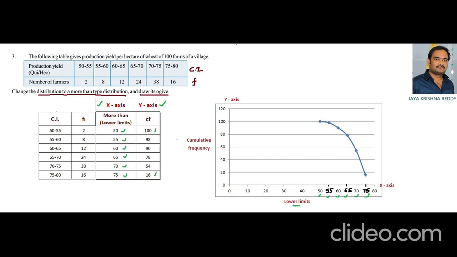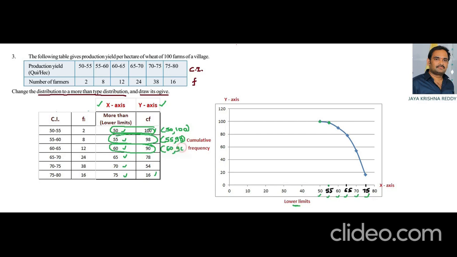So with equal interval of 20 we have taken values on y-axis 0 to 100: 0, 20, 40, 60, 80, like that. The first point to be taken in the graph is 50 comma 100, x value is 50 and y value is 100. The second point is 55 comma 98. The third point is 60 comma 90.